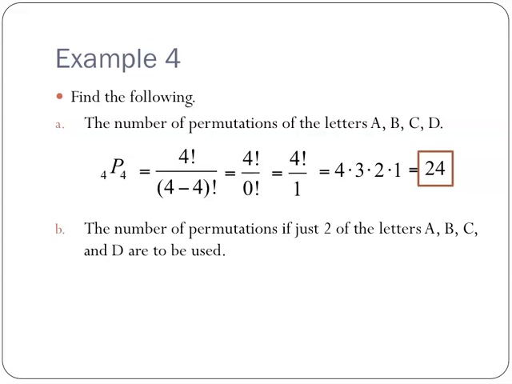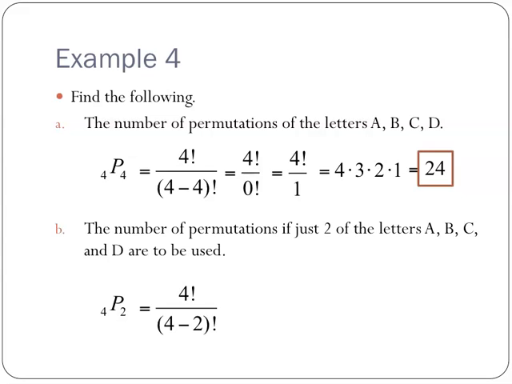All right, part B, the number of permutations if just 2 of the letters A, B, C, and D are used. So now we have 4 elements, but we're only going to take 2 of them. But we are going to order them in some way, arrange them in some way. So this is going to be 4 permute 2. So putting that into the formula, we have 4 factorial up on top, 4 minus 2 factorial on the bottom.